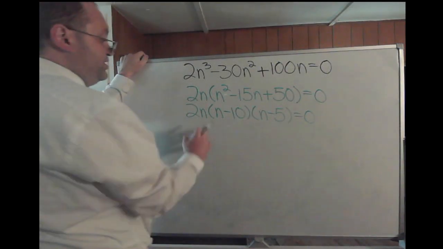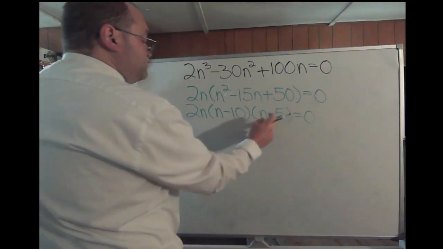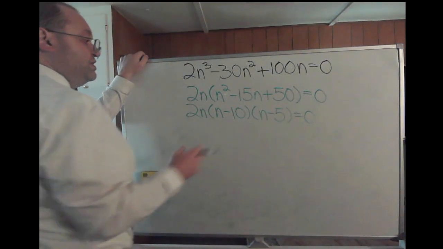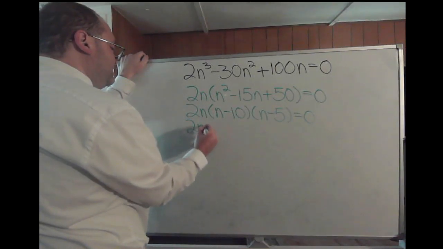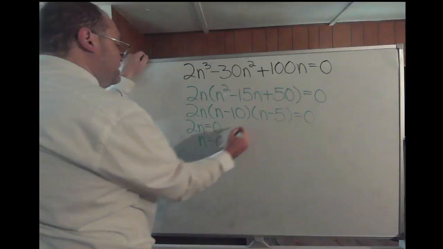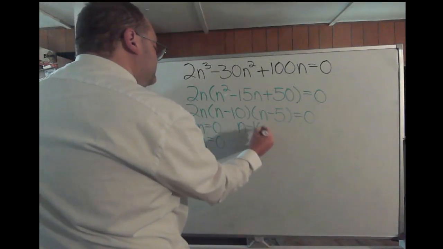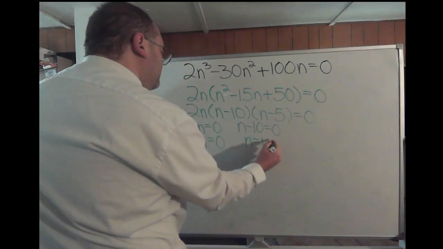So yes, this reduces to 2n times the quantity of n minus 10 times the quantity of n minus 5, all three of those equal to 0. Now take your 2n, set that equal to 0. Well, n will just equal 0. Take your n minus 10, set that equal to 0. n equals 10.